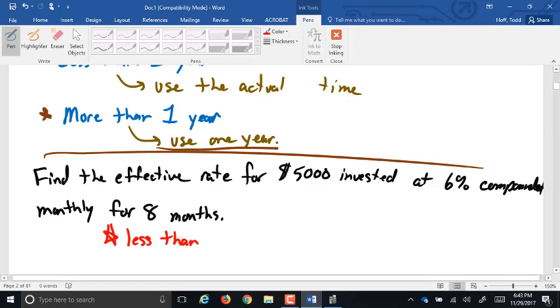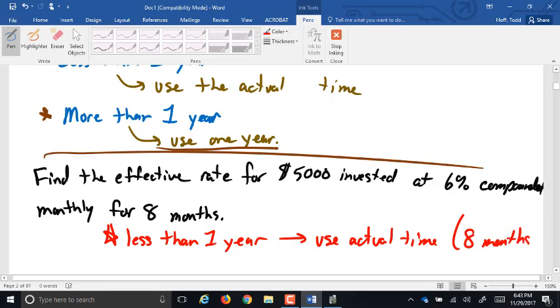This is less than 1 year. What will we use for the time? Use the actual time, which is the 8 months.